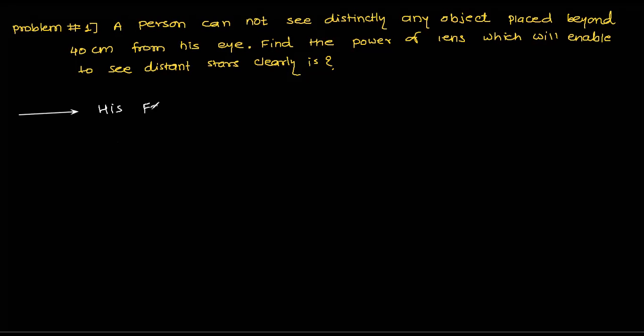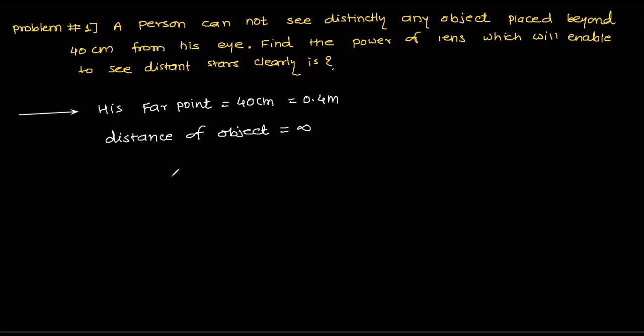His far point is equal to 40 centimeter, which is equal to 0.4 meter. And as he is going to see stars, the distance of object is what here? Infinity. Right? Distance of object is equal to infinity.